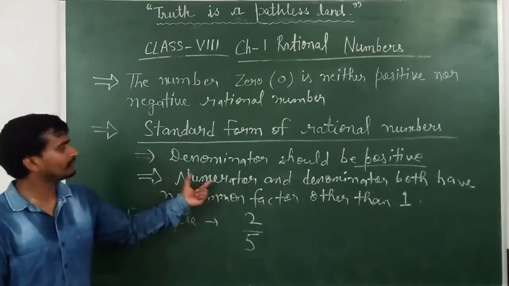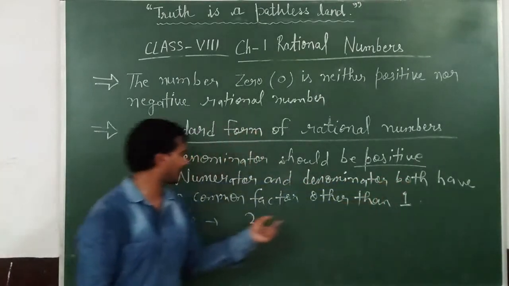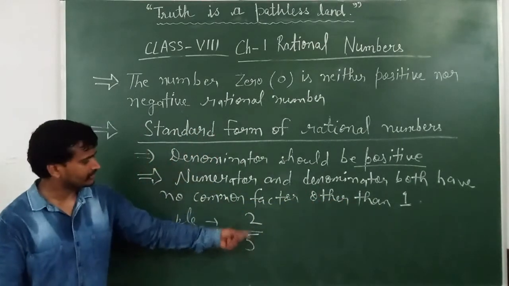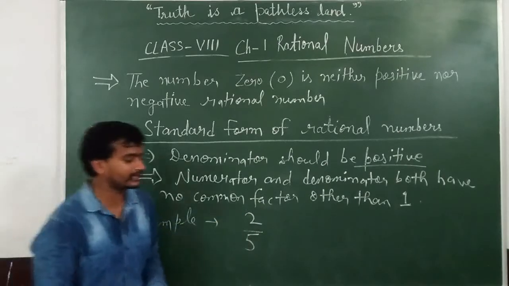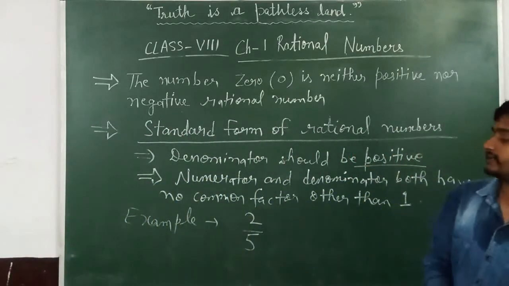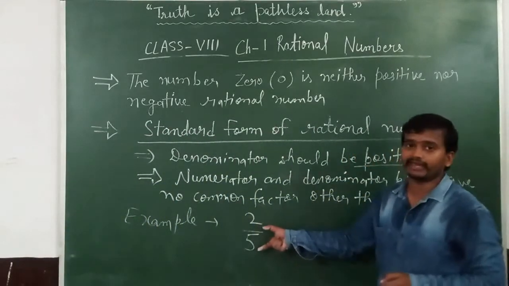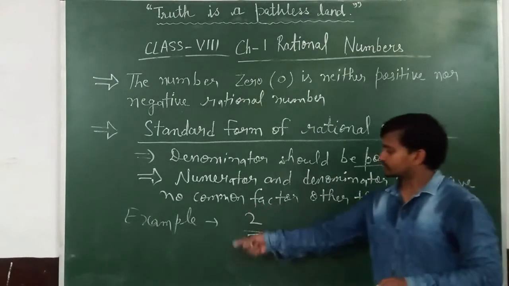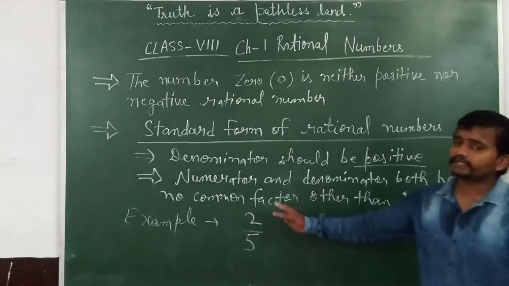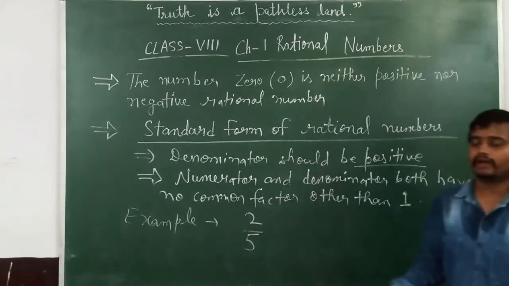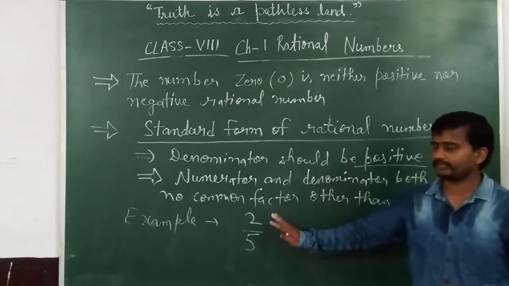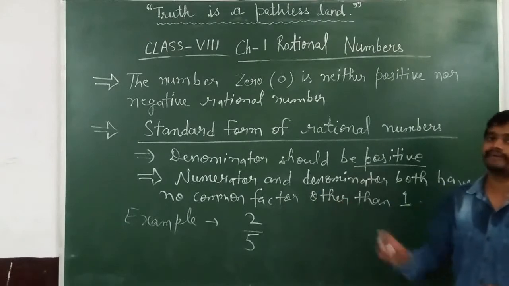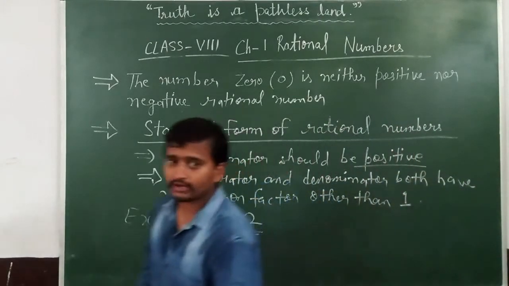Next is numerator and denominator both have no common factor other than 1. That means the fraction is in its simplest form, in its lowest form. So here 2 and 5 are not divisible by any other number, only divisible by 1. That means only 1 is a common factor of 2 and 5. So 2 upon 5 is in standard form.